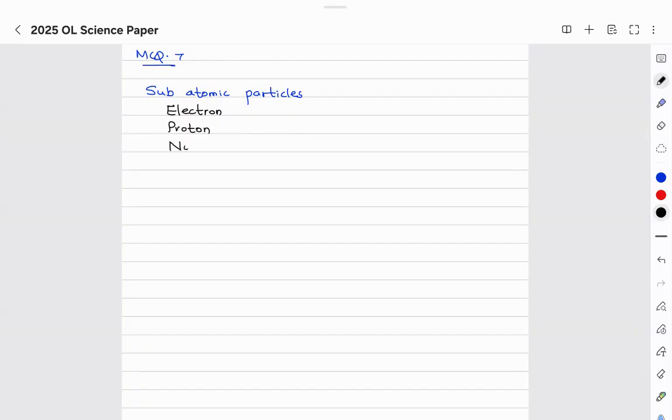And third one is neutron. Electron, proton, and neutron. So these are the three subatomic particles, right? So the symbol of electron is e, minus 1, 0. Proton is p, 1, 1. And neutron is n, 0, 1.